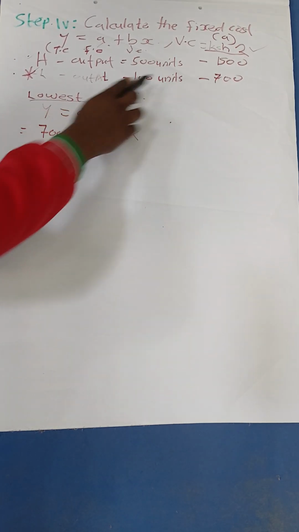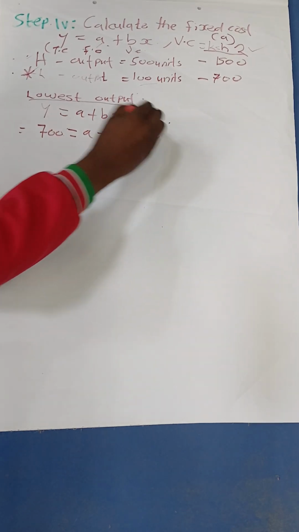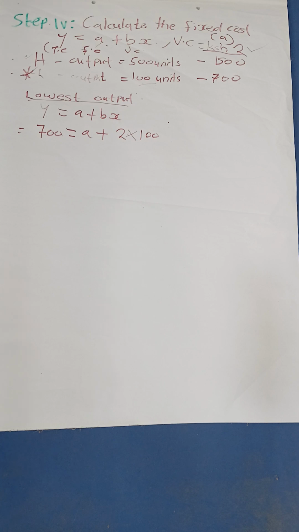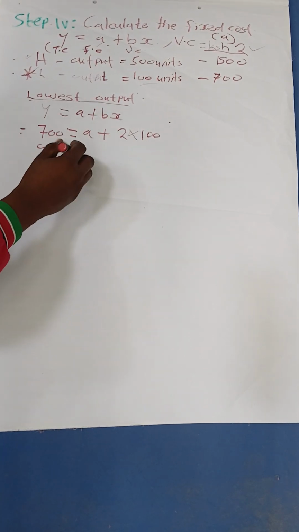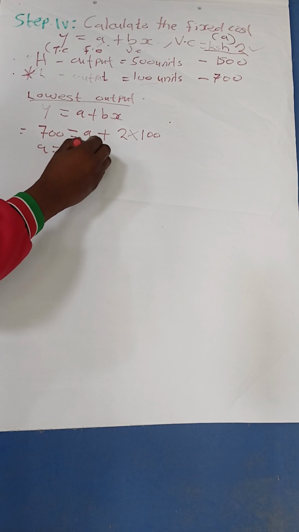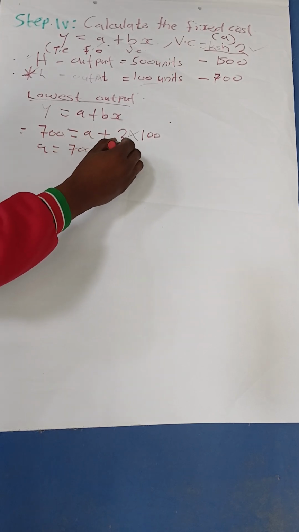The total cost of 700 is for producing 100 units, so multiply by 100. To get A, it will be 700 minus 2 multiplied by 100, which is 700 minus 200.